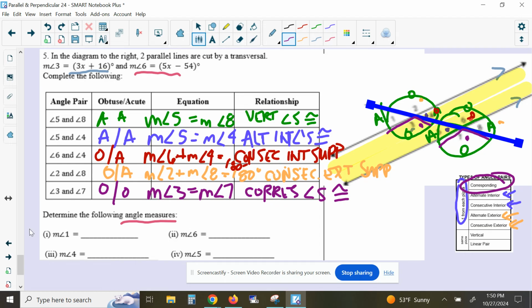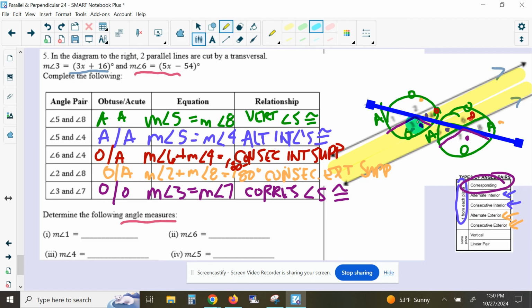Okay, now we need to determine the angle measures of all of these things down here. Notice up here they give us some angle measures, but they're actually expressions. So look at angle 3 and angle 6. If I look at angle 3, that's this one right here. I know I'm going to have 15 colors over top of it.